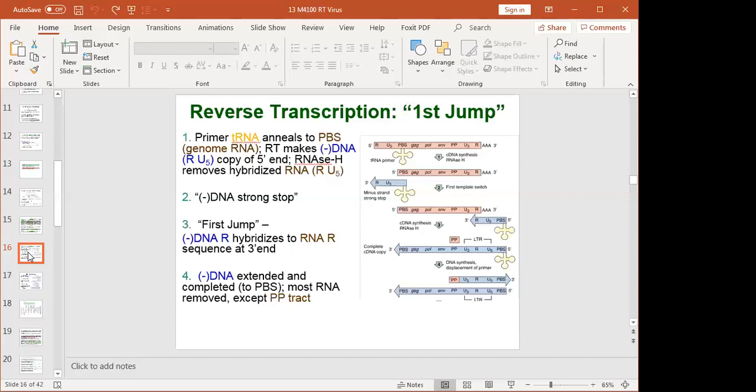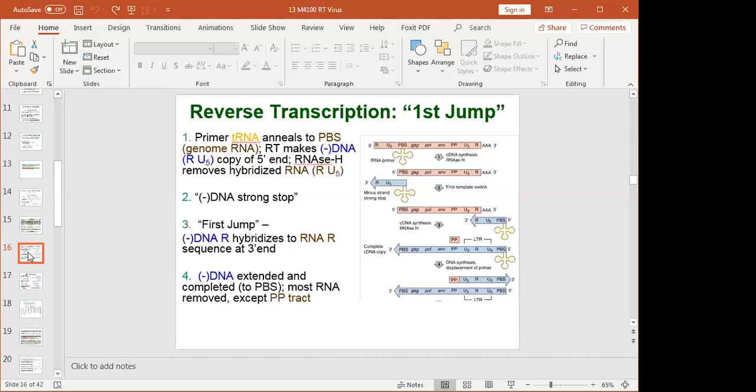The R region of it will jump over to the other side and hybridize to the R region on the 3' end of the original viral RNA genome. So hybridization between the R region of the blue strand with the pink strand. This is called the first jump.